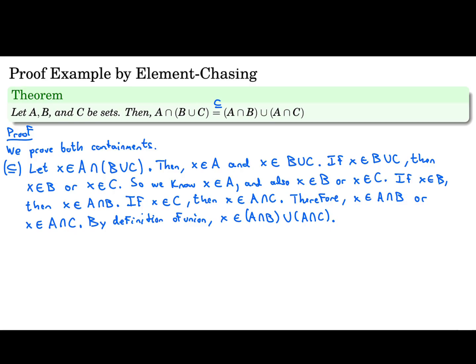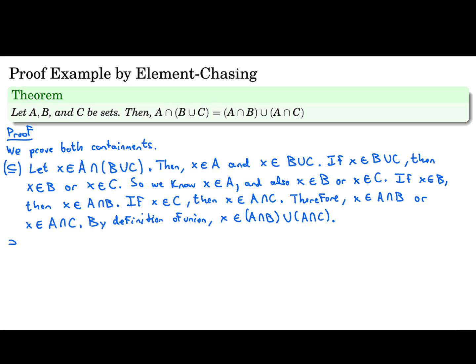And so X is on the right-hand side. So that means every element on the left has to be on the right, and that's one side of the containment.